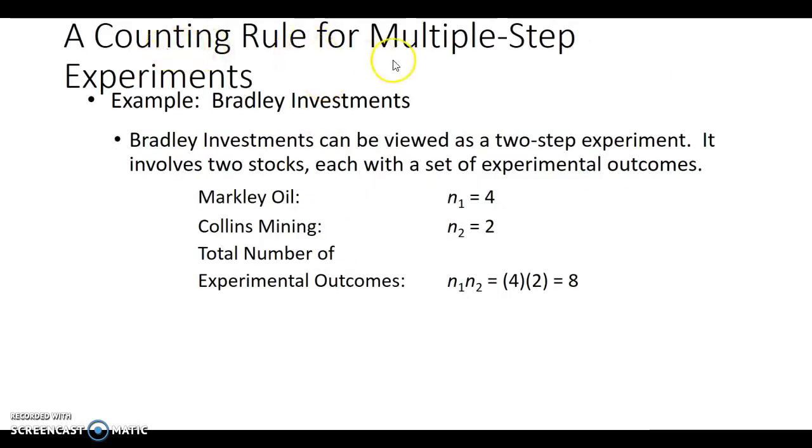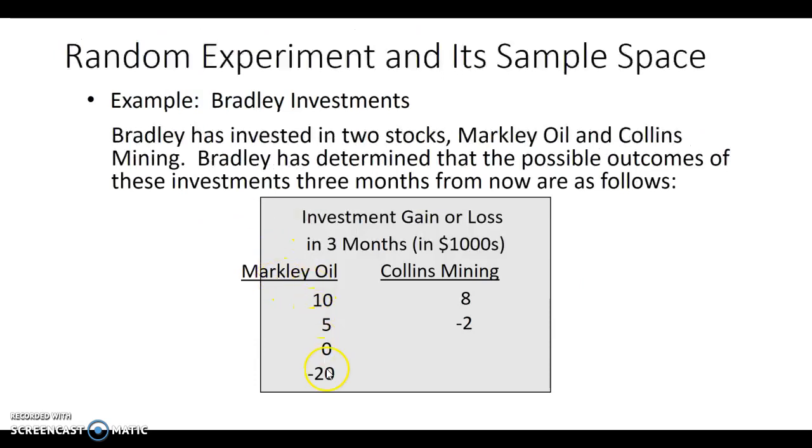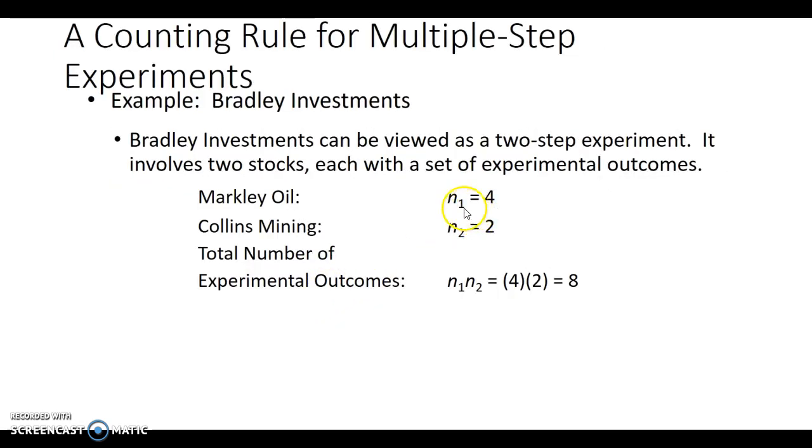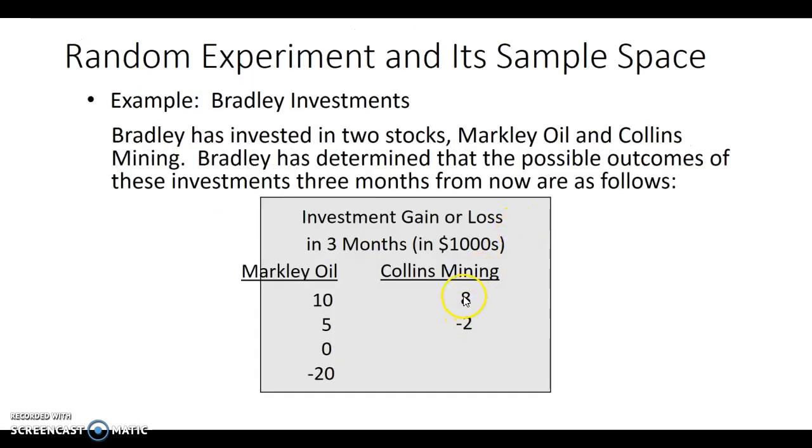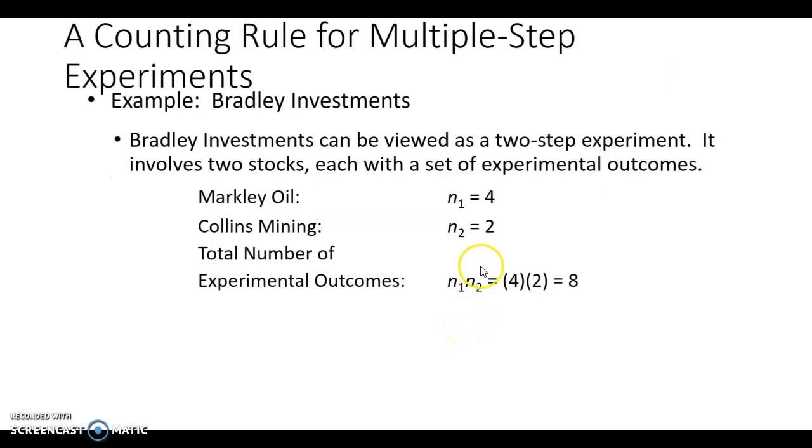Here, we're going to use what they call a counting rule for a multiple-step experiment. The Bradley investment can be viewed as a two-step experiment. It involves two stocks, each with a set of experimental outcomes. There are 4 experimental outcomes for Markley Oil, and there are 2 possible outcomes for Collins Mining.